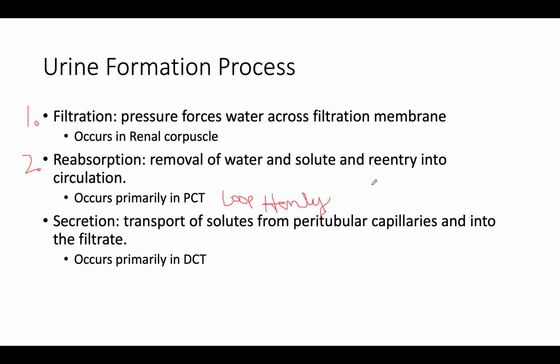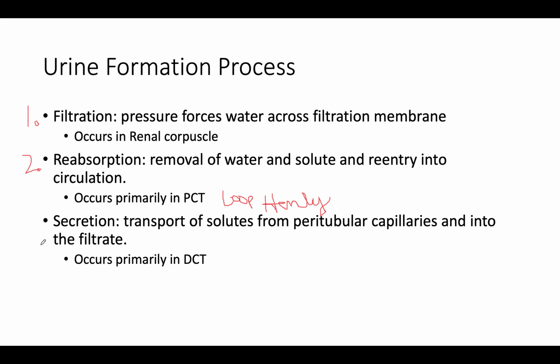So the loop of Henle as well, the descending loop taking in water, the ascending loop reabsorbing salt. So those two structures, and then the secretion happening in the DCT, or distal convoluted tubule. So that's going to be the secretion of the waste.